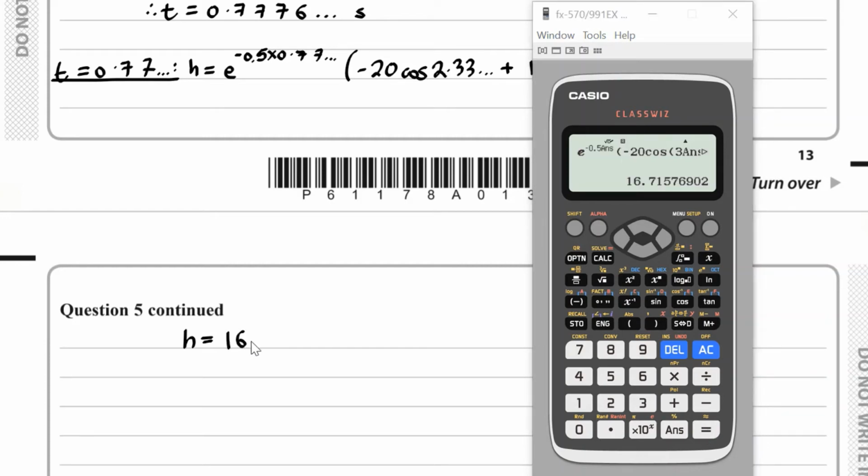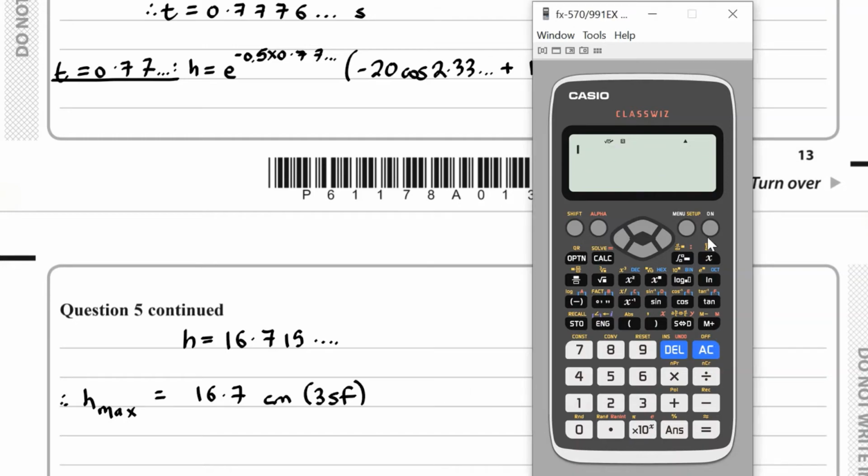H is equal to 16.715, etc. So therefore H, the maximum displacement, H max, is equal to 16.7 centimeters to 3 significant figures. Okay.